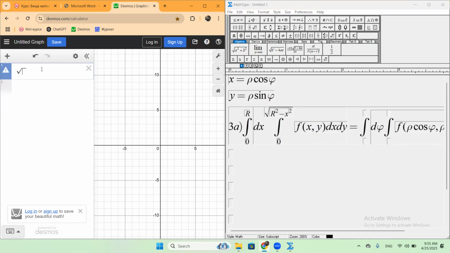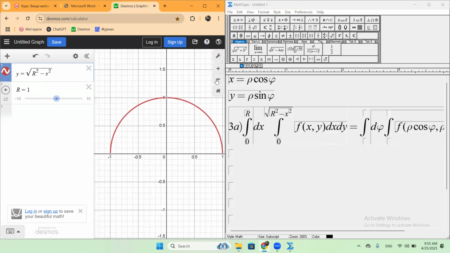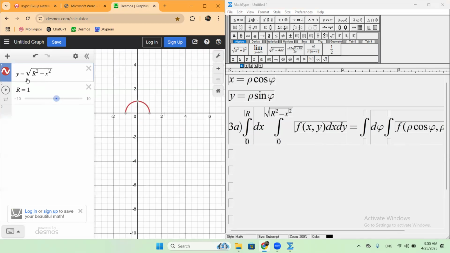So let's plot this square root, square root of r squared minus x squared. So we have such a semicircle. And by the way, y is greater or equal than 0.